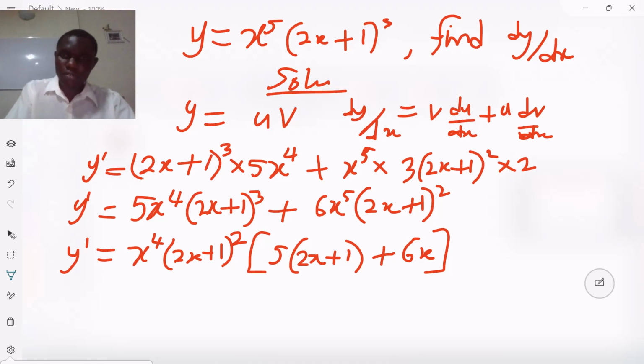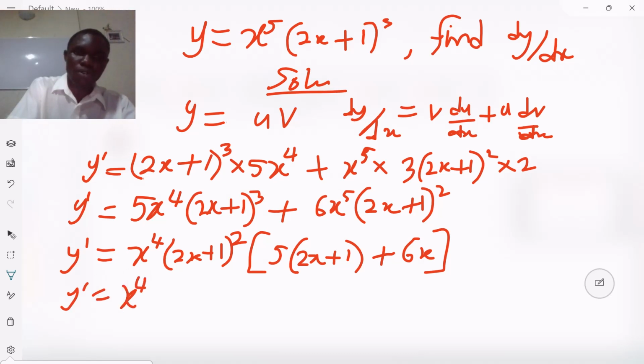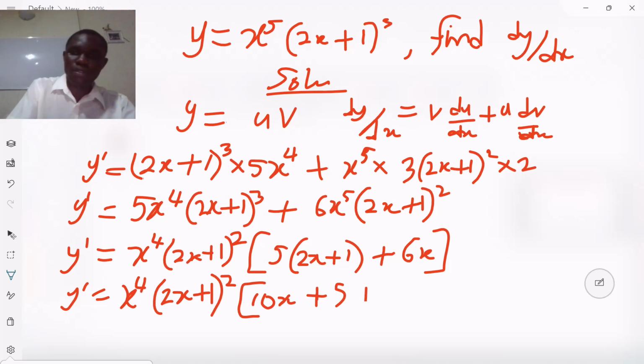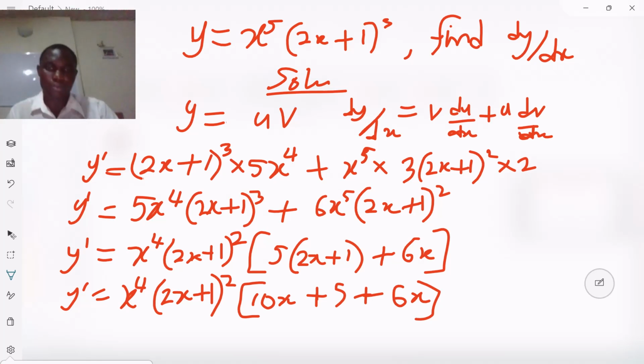I can simplify these items in the bracket. I can say y prime is equal to x raised to power 4 into (2x plus 1) raised to power 2. We have 5 times 2x, that's 10x plus 5 plus 6x. Yes.